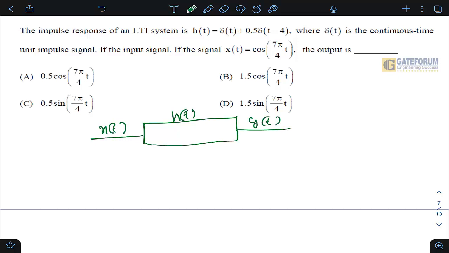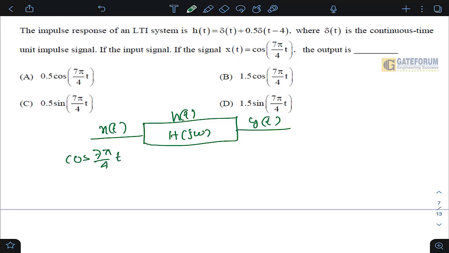So what we do, students, is first find the corresponding frequency response function H(j omega) and its magnitude and phase at the input signal frequency. The input here is cos of 7 pi by 4 t.